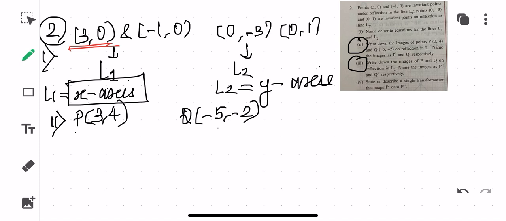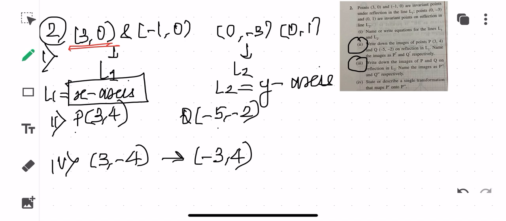The fourth one is: state or describe a single transformation of P dash to P double dash. So for the fourth question, what will I be writing? P dash, how much are we getting, children? P dash we calculated as (3, -4), and P double dash we have calculated as (-3, 4). So what do you see, children?